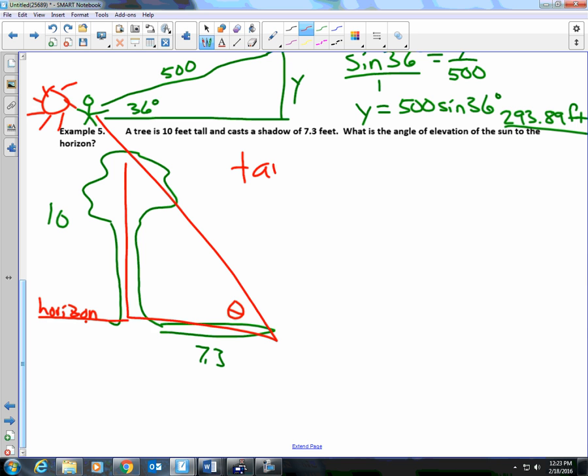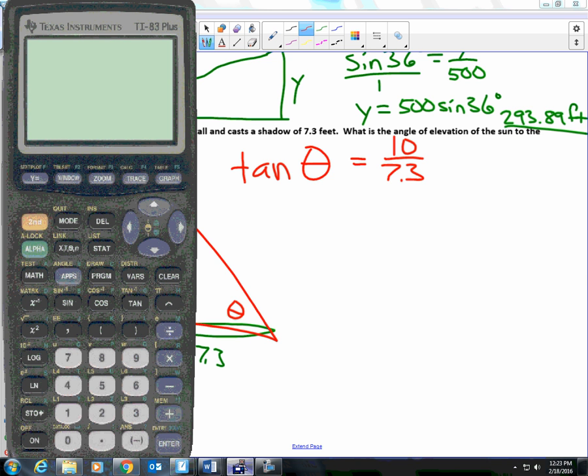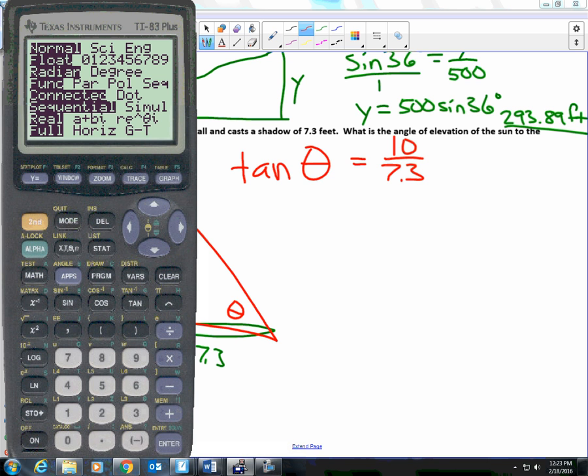Tangent of theta is equal to what? Good, 10 over 7.3. So now this operation on my calculator, first of all, I'll make sure that I'm working in degrees. Right now it's in radians.